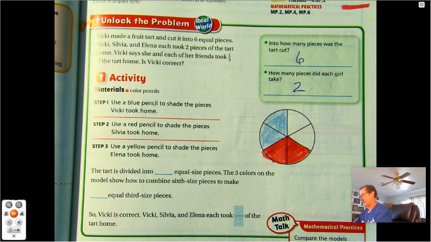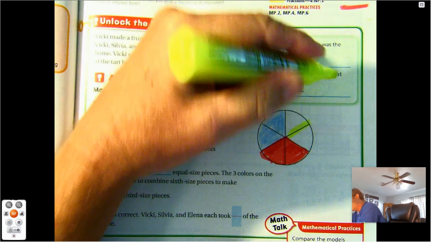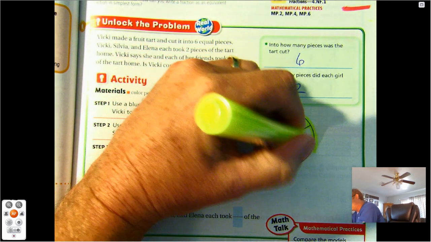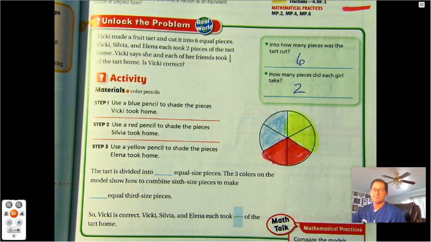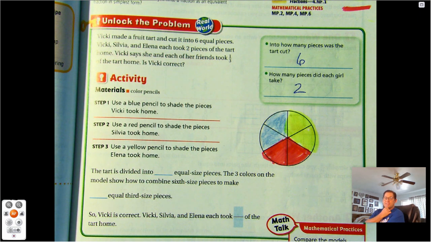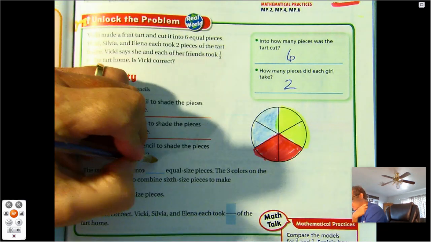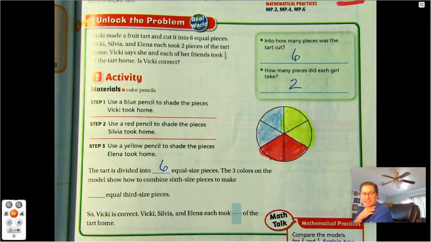And finally, Elena also took home 2 pieces. So they took an equal amount of pieces, right? Each girl took 2 out of 6. So the tart is divided into 6 equal sized pieces.